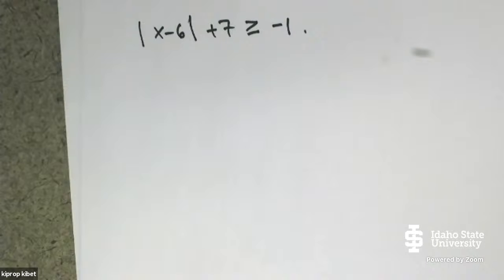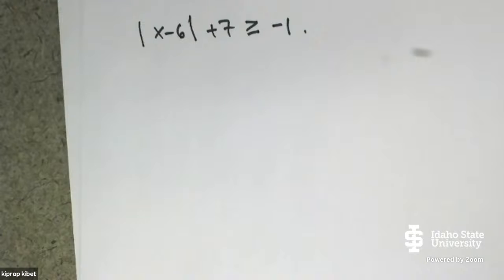So this side is positive, right? And the positive value is greater than the negative values. So there is a solution, since positive is always greater than negative.